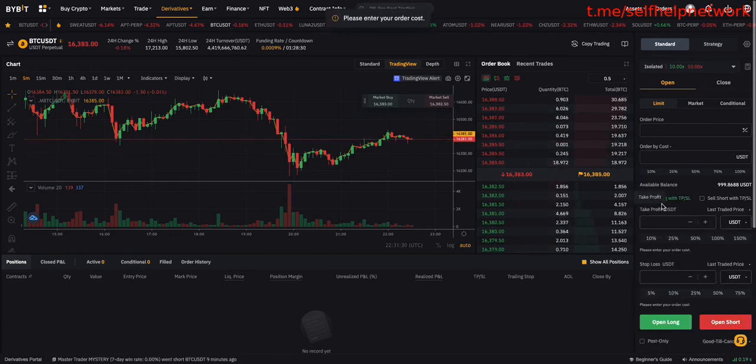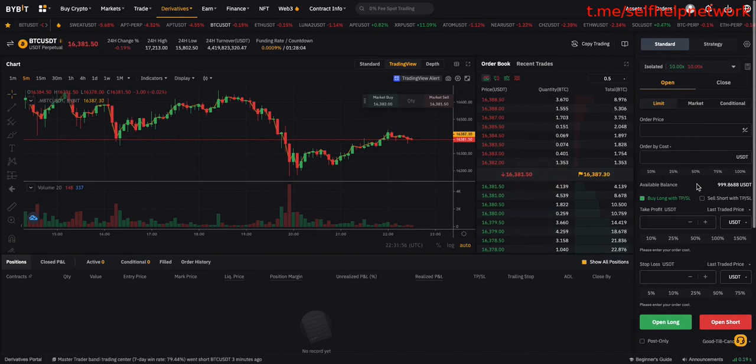So don't risk more than 2% of your trading balance on each trade. Let's imagine we do a long. And let's imagine that we have $1,000 here, but that your portfolio total is $20,000. So you have $20,000 in your trading portfolio on MetaMask. You put 1,000 onto Bybit because you don't want to put more than you need to on the exchange.